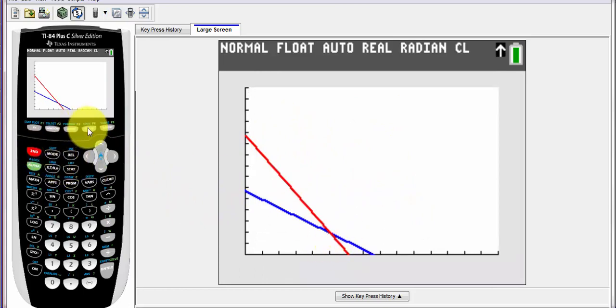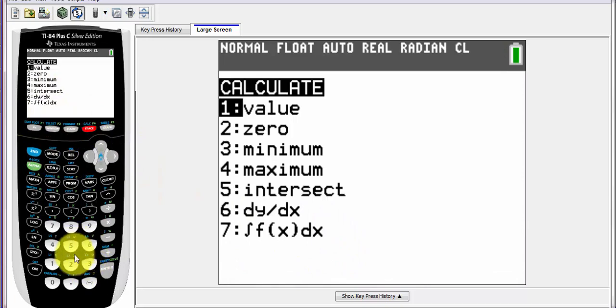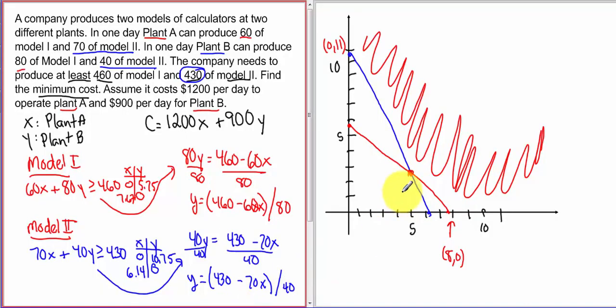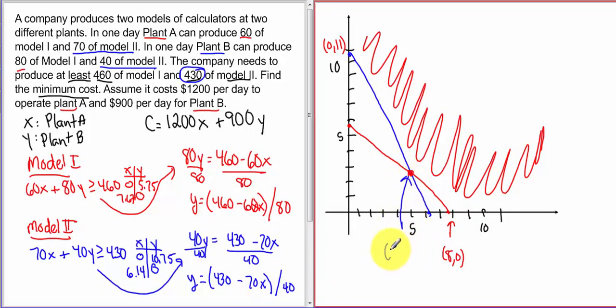So again, second calc, number 5, intersection. Honestly, the guess doesn't matter because you only have 2 curves. First curve, press enter. Second curve, press enter. Guess, doesn't matter. So our intersection is 5, 2. This point right there is the point 5, 2.